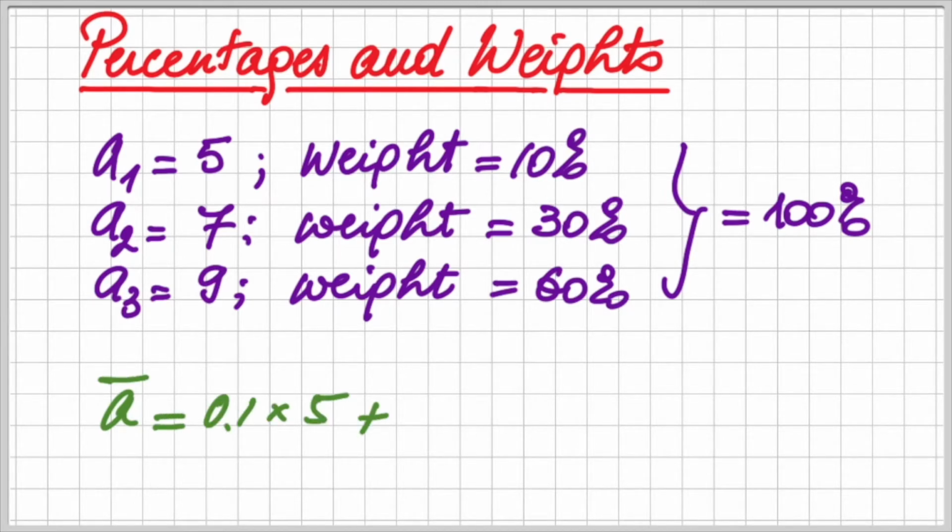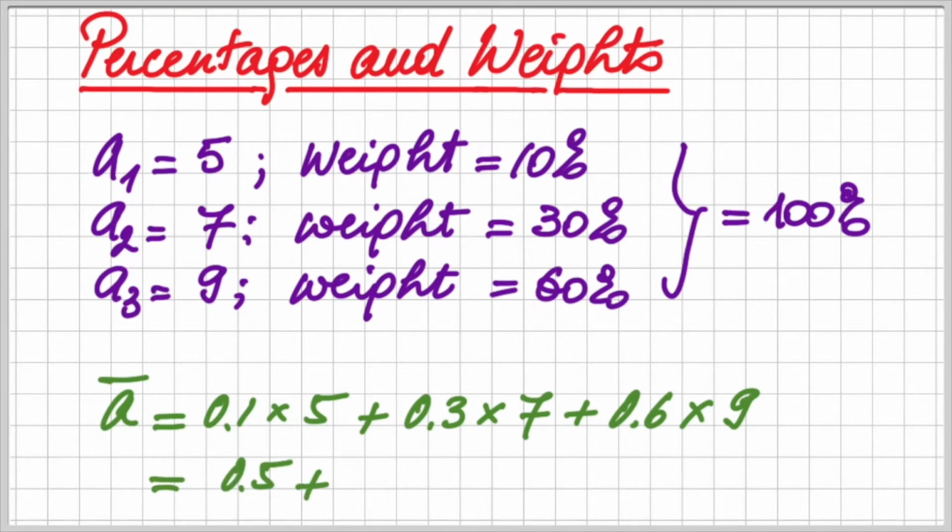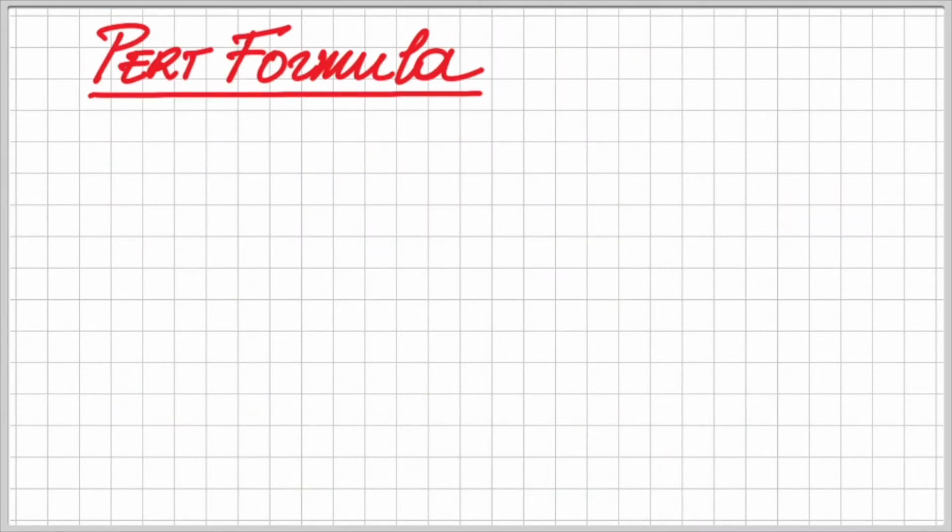Now we can say that the average of A is equal to 0.1 times 5, plus 0.3 times 7, plus 0.6 times 9, which gives us 0.5, plus 2.1, plus 5.4, which gives us a total average of 8.